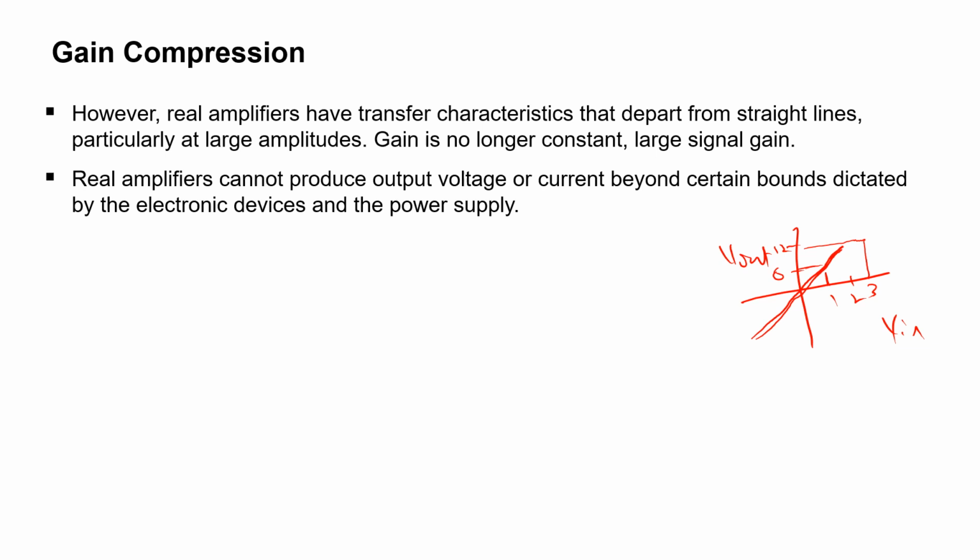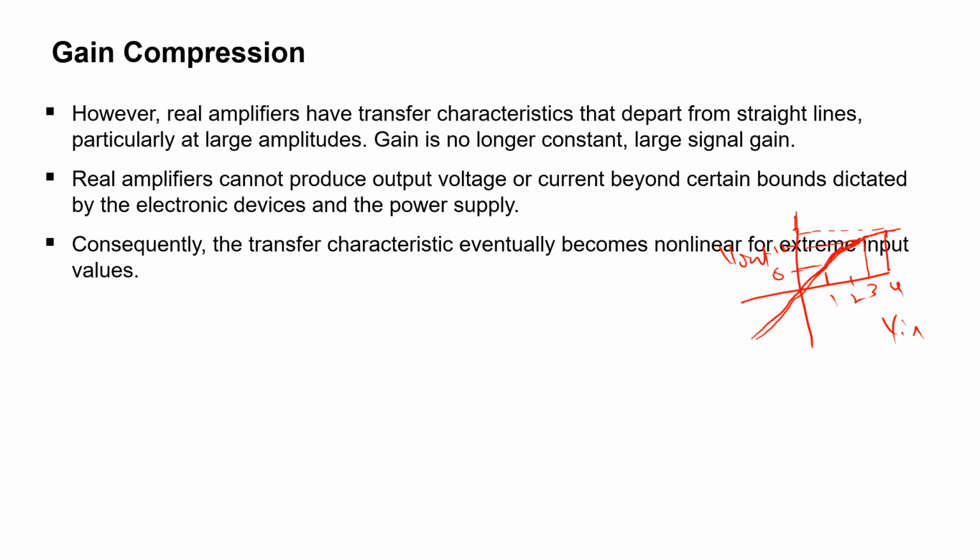So the input and output curve is very nice, but at one level after this, if I increase my V in to 4, it should give 18, but it gives me maybe 13 or 14. Then my output is not increasing as I expected, because it should amplify, but it is not amplifying. Then I will call it gain compression.